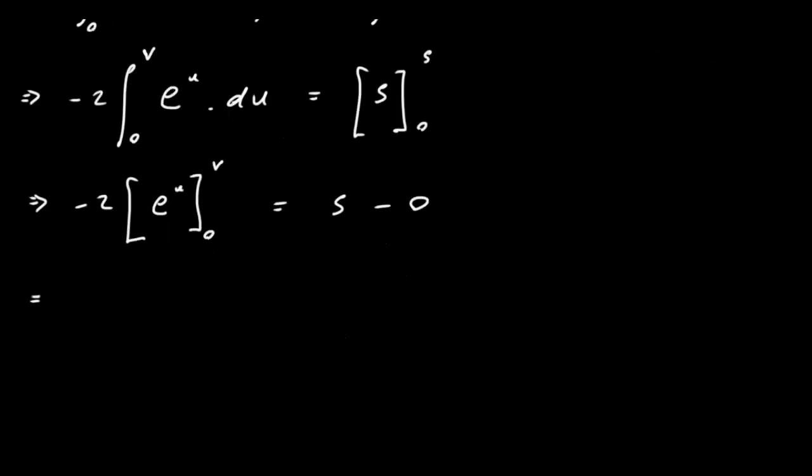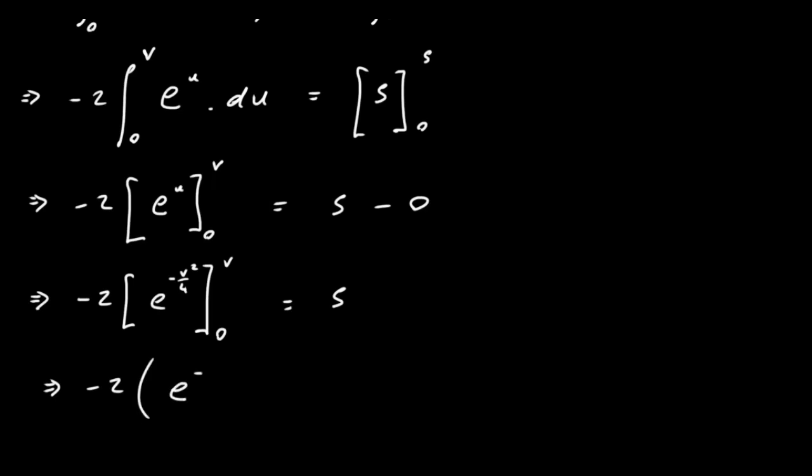Let's change that u back: minus 2 e to the power of minus v squared over 4, from 0 to v, and over here we've just got s. Now let's put in our limits. We've got minus 2, and then e to the power of minus v squared over 4 minus e to the power of 0, and that's equal to s.